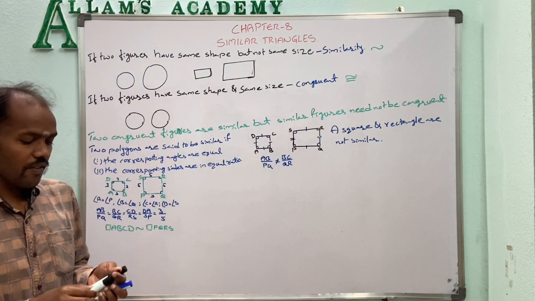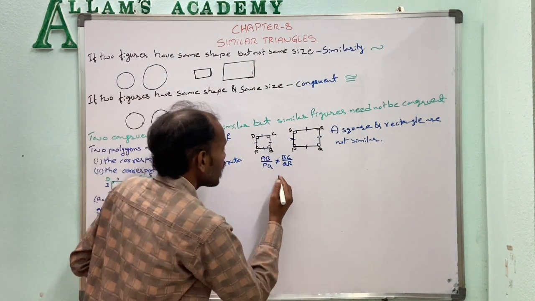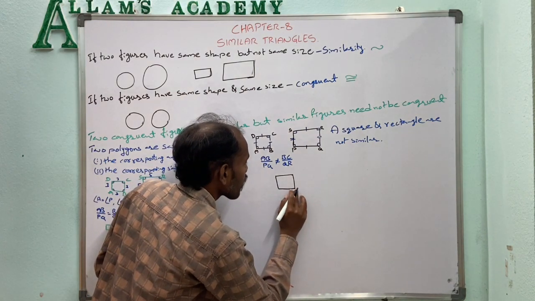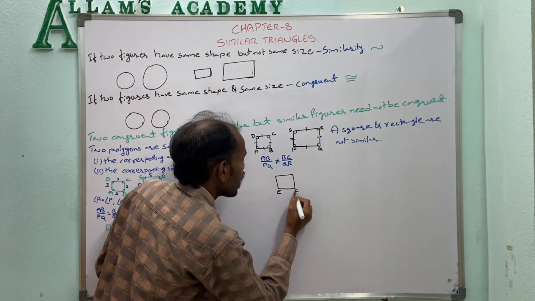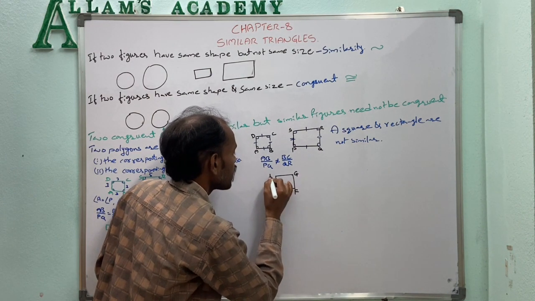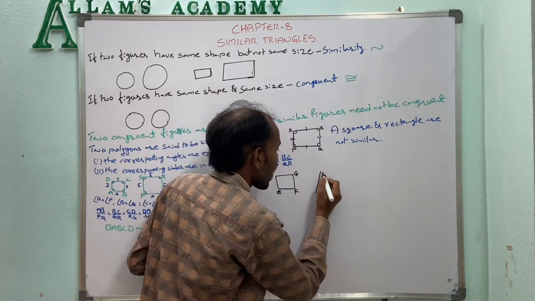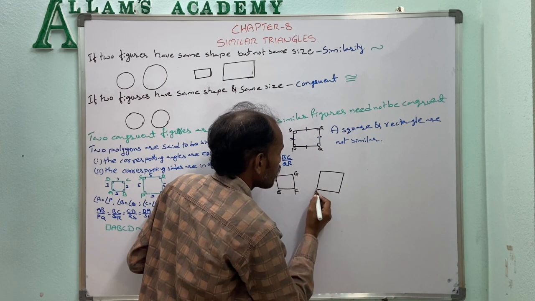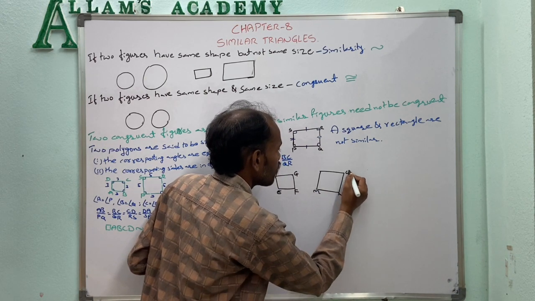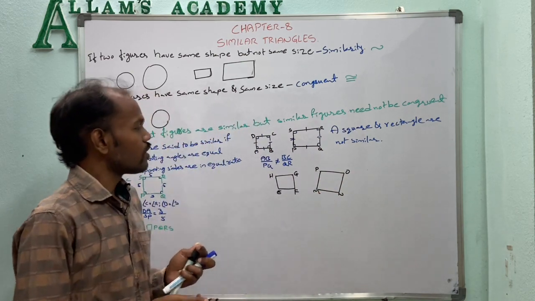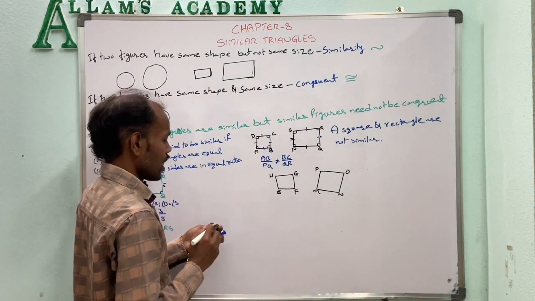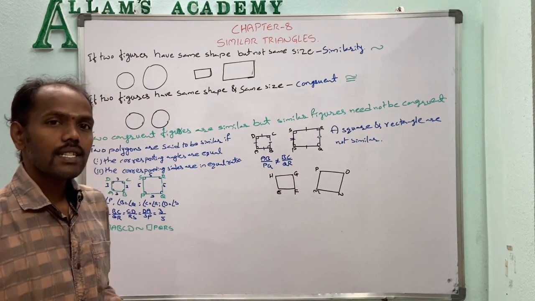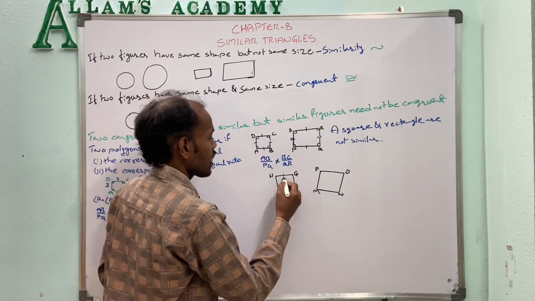In the same way, if we take a square EFGH and a rhombus MNOP. In a square all sides are equal, and in a rhombus also all sides are equal.